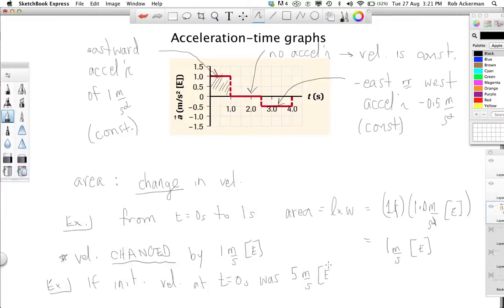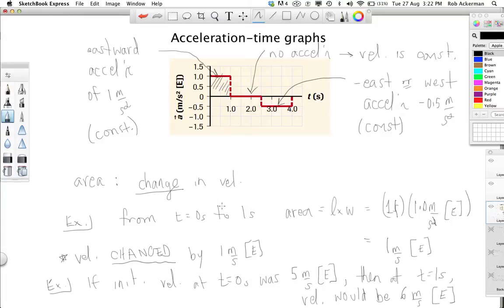This graph doesn't tell us that information, but suppose it was. Then 1 second later, t equals 1 second, the velocity would have become, well, you're going 5 meters per second east, and you have a change of 1 east. That would be 6 meters per second east. So this area is giving you the change. It's not giving you the actual velocity.